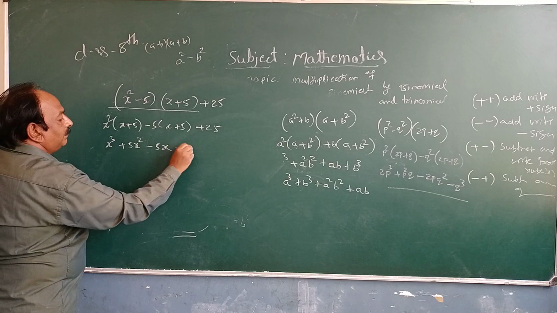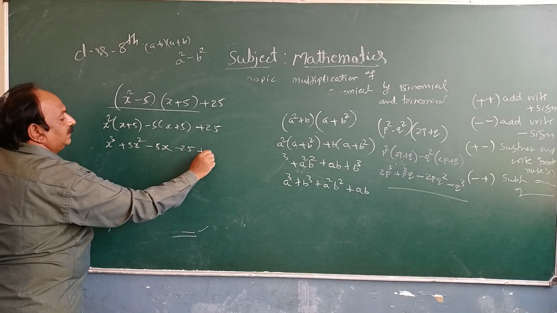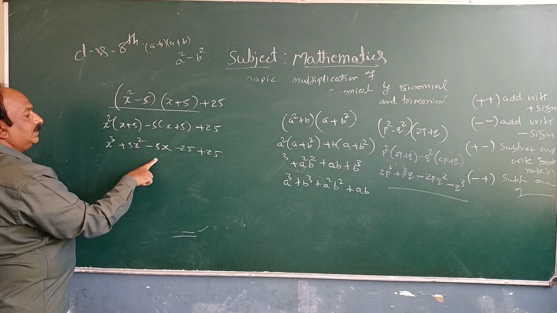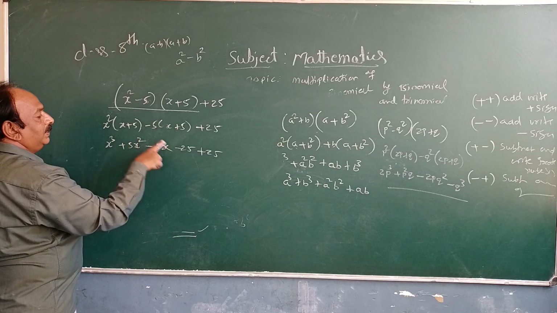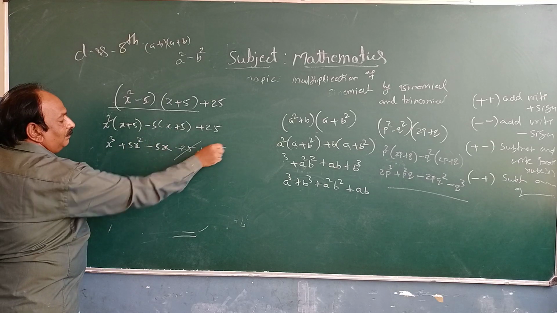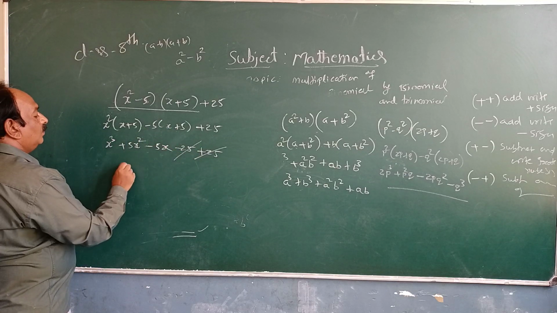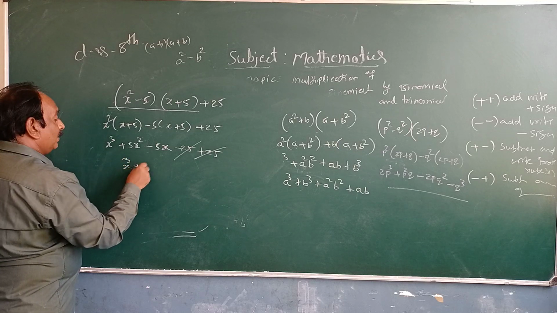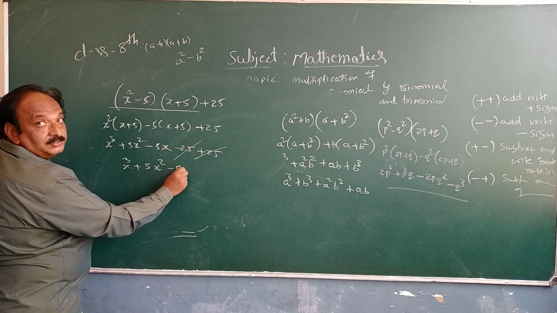Plus into minus, minus 25 plus 25 cancel. What is it here? x cube plus 5x square minus 5x.